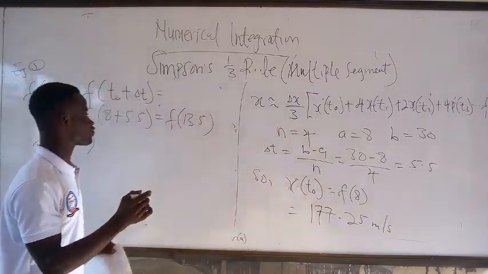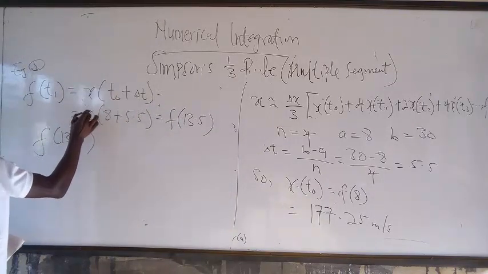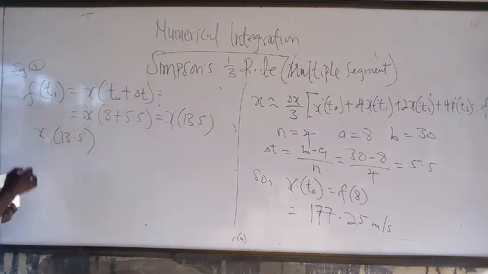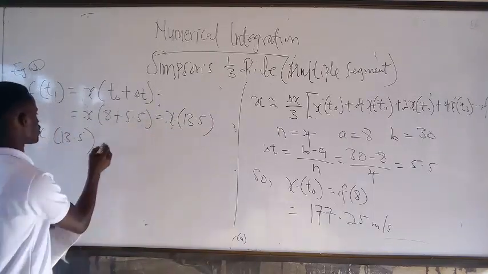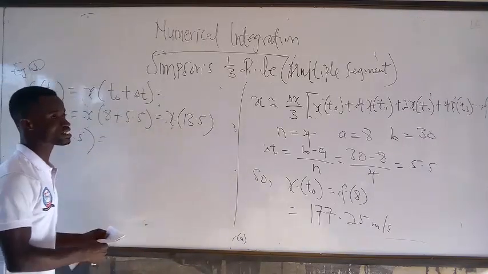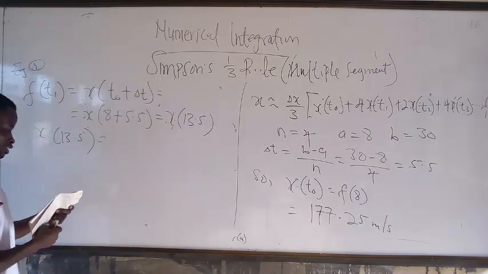It should be x. Don't forget that. Okay. So in the function s of t, you can maintain this to be f, no problem. Just know what you're doing. Where you see t, put 13.5.